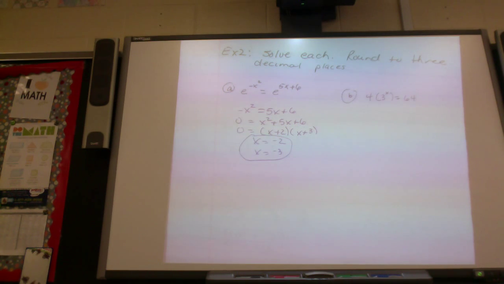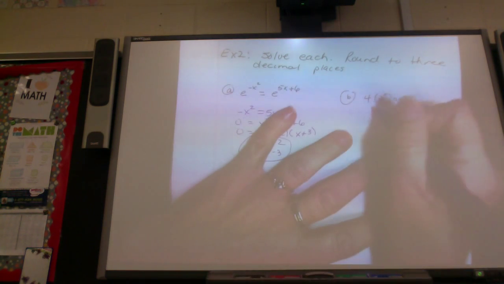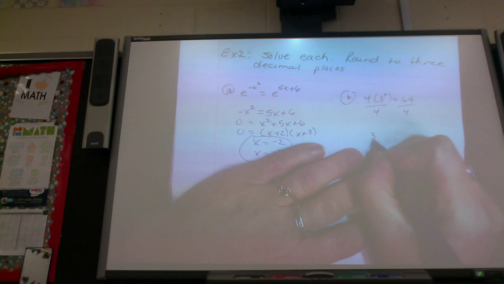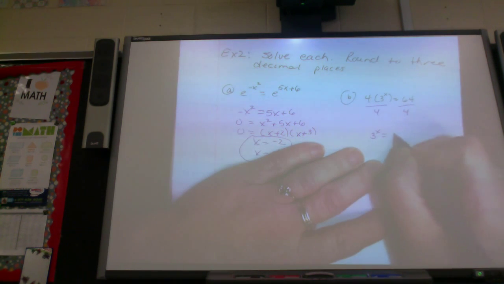First, divide each side by 4. We want to get that base by itself. So 3 to the x equals 16.